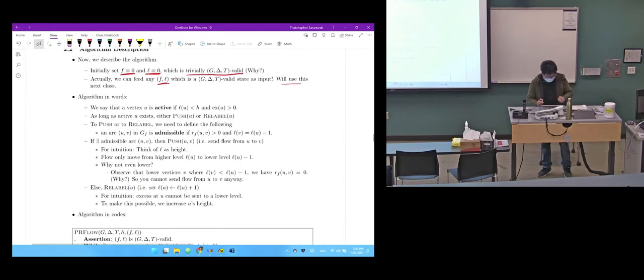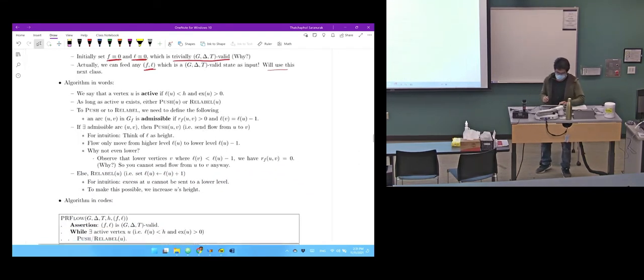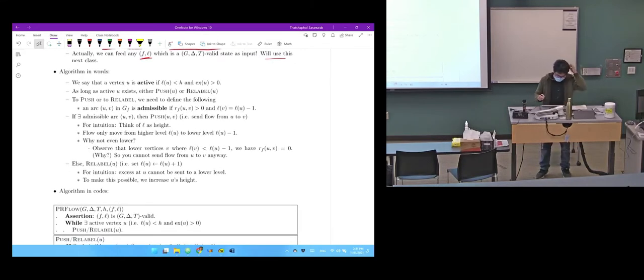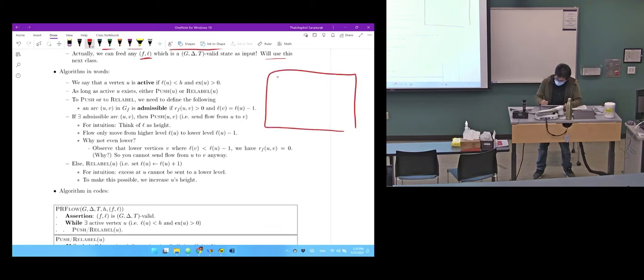Okay. And now the algorithm works as follows. So there are levels of nodes, up to h. And we will say that a vertex is active if it is still in this region, its level is less than h, and it has excess on it.